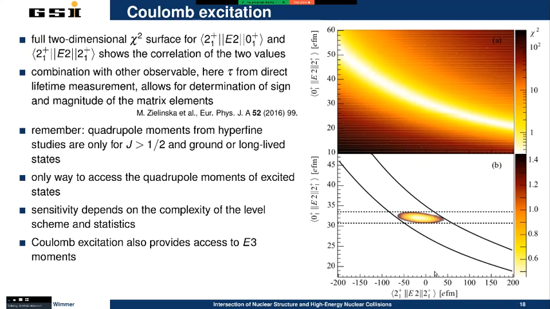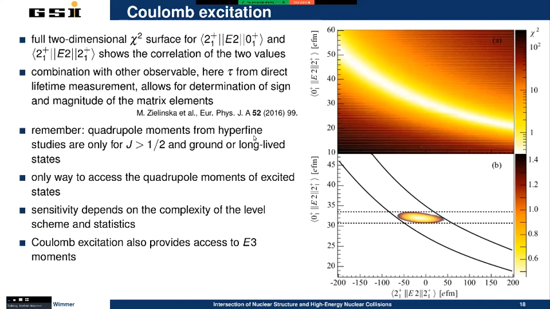So this is one of the ways to access quadrupole moments. From atomic spectroscopy, quadrupole moments are only possible for spin larger than 1/2, and only for the ground state, or if it's an excited state, it has to be long-lived.